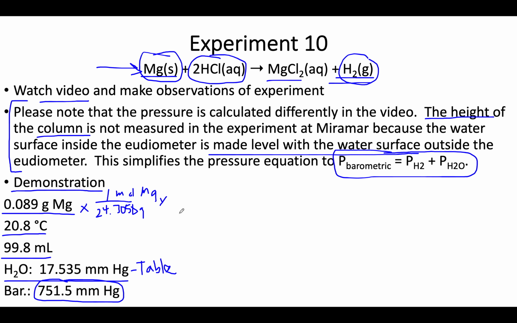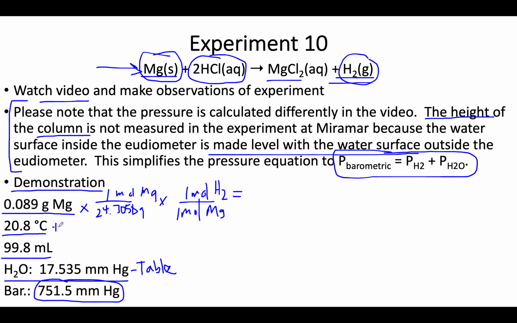So I know this doesn't change the value, but we're making it clear that we're converting 1 mole of magnesium to 1 mole of hydrogen. Okay, so you do this, and that gets you your moles of hydrogen. So you can check that, solve for that, and I'll show you here shortly what that is.